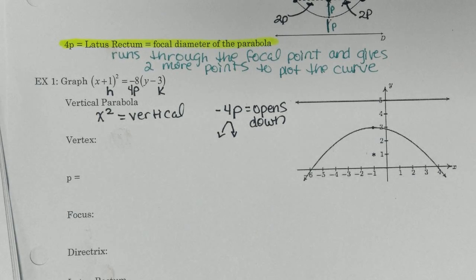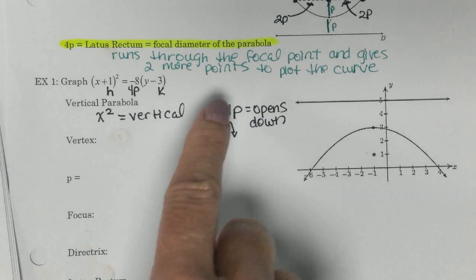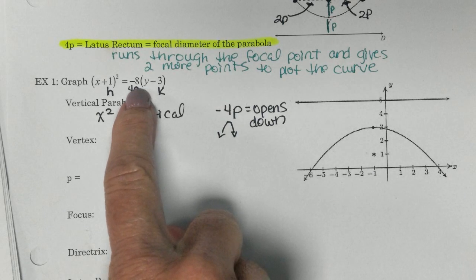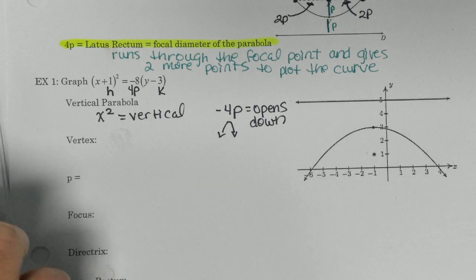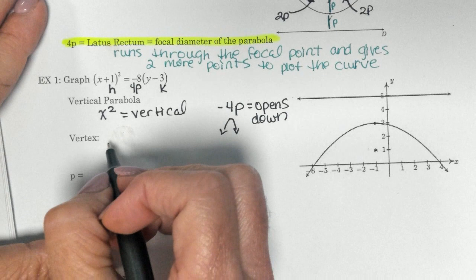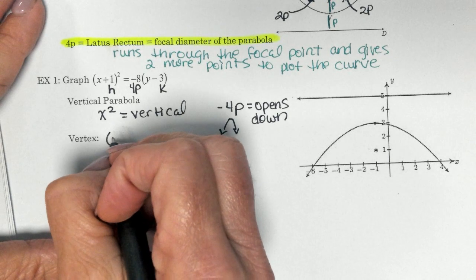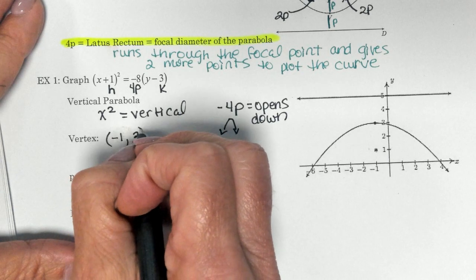So does that mean p as a value is -2? Yes, it does, because you would set 4p equal to -8 and then solve for it that way. Yes, you got it. So your vertex then is at -1, +3.